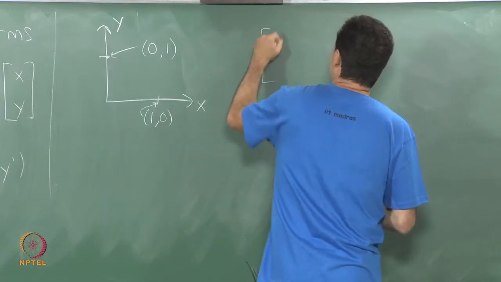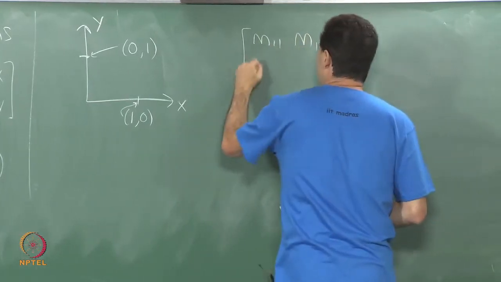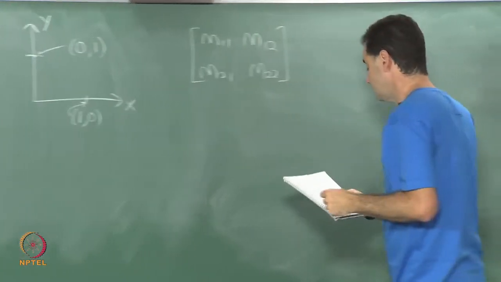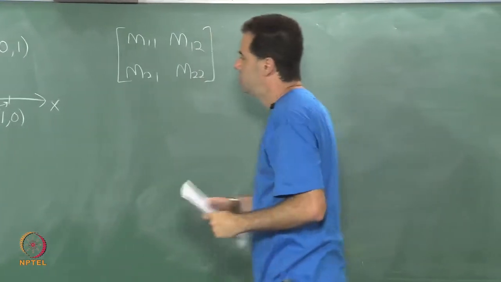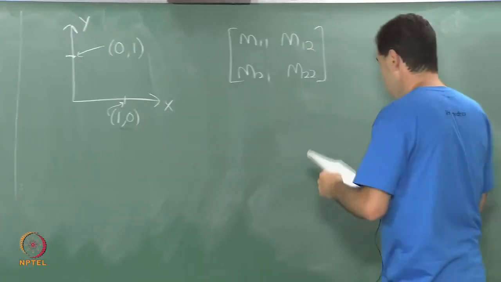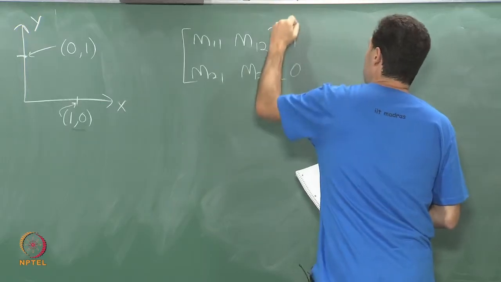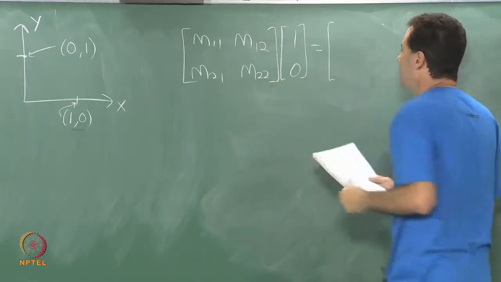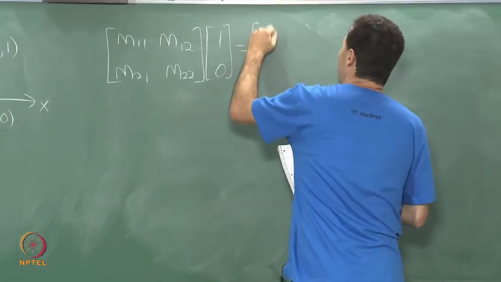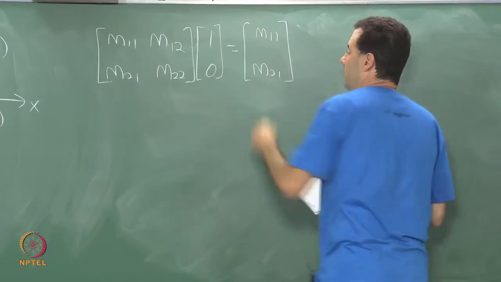So, we have M11, M12, M21, M22. Let's transform this first point here, 1 comma 0, right. So, if we transform that 1 0, I put the point here, I look at what we get when we perform the multiplication, and we get M11, M21, right.